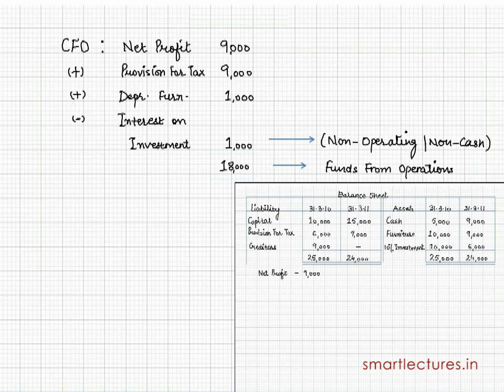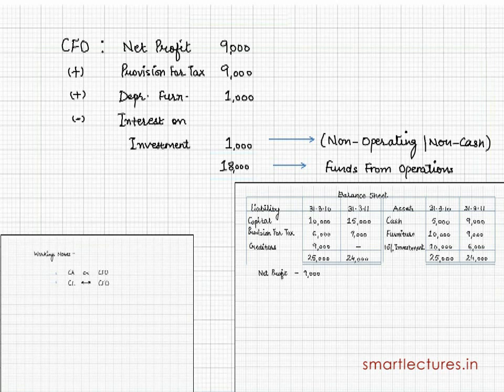I have already told you that current assets and cash from operation have an inverse relationship, and current liability and cash from operation have a direct relationship. It means if there is a reduction in the current liability, then it will be reduced from the net profit.